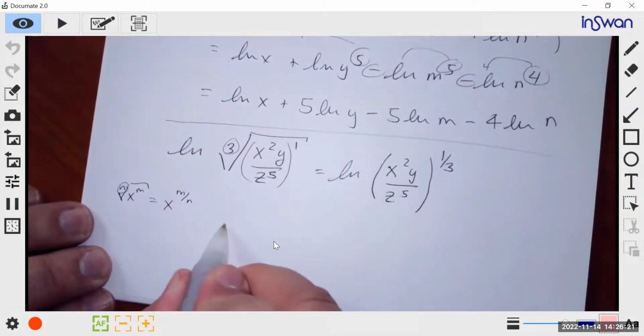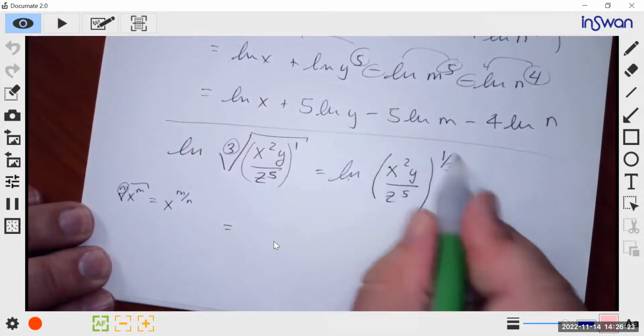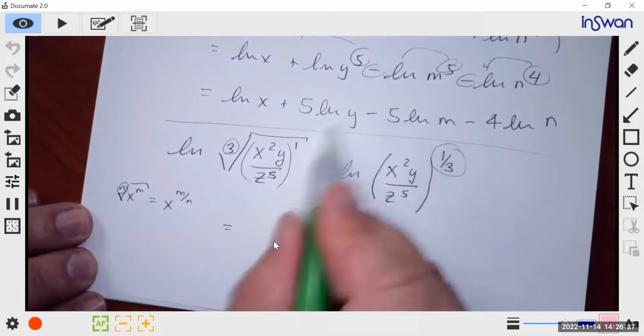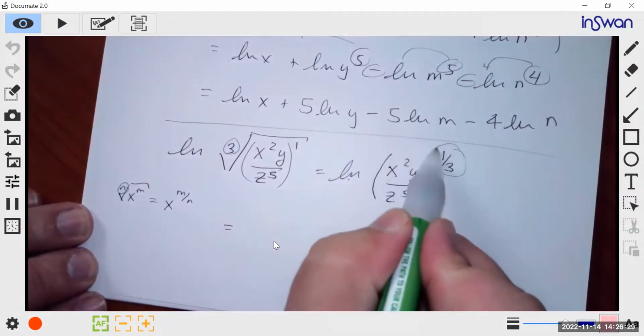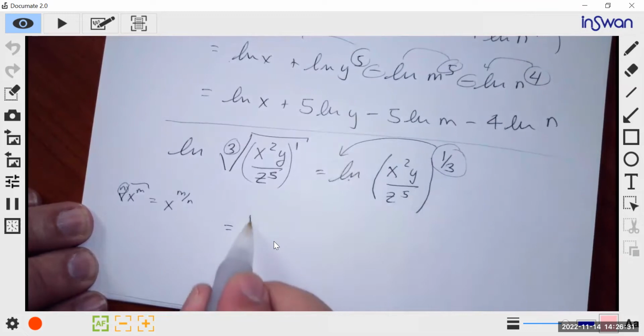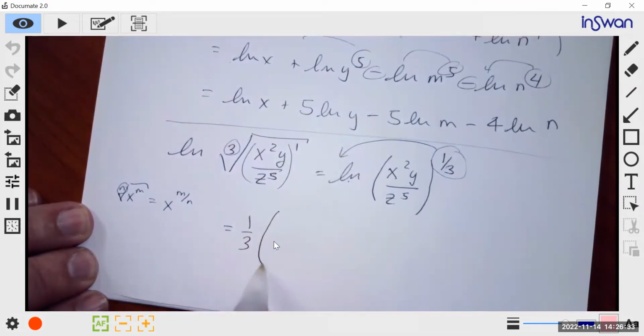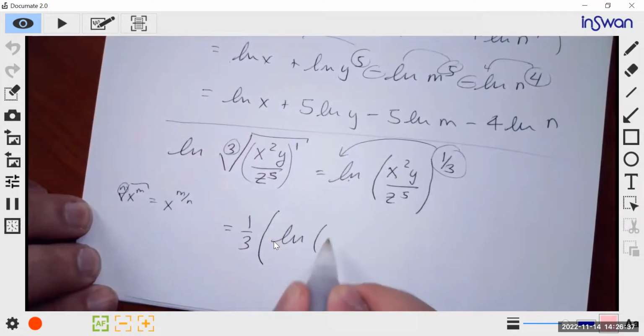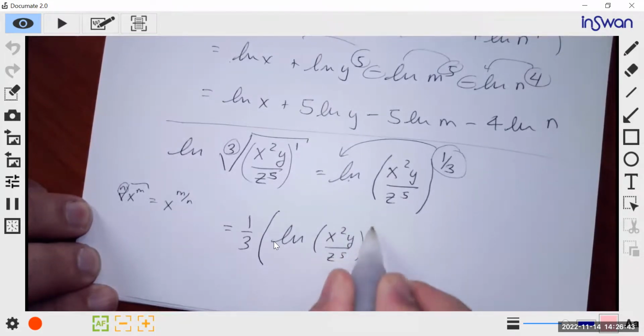So now, here we have ln of this whole thing. So this, before we do anything, this exponent has to go in front. So now I have ln of x squared y z to the fifth.